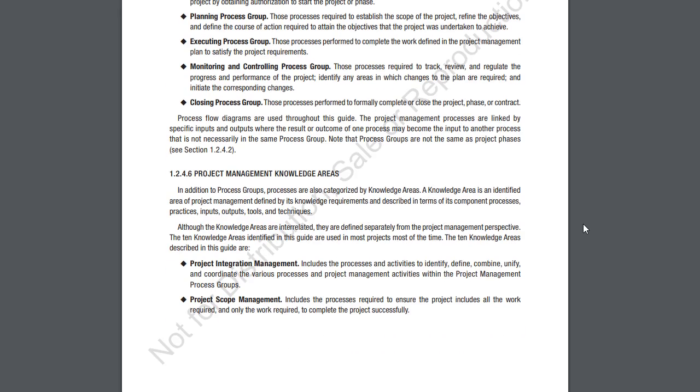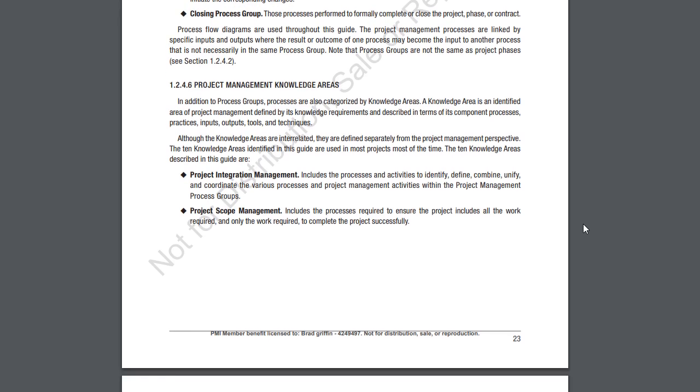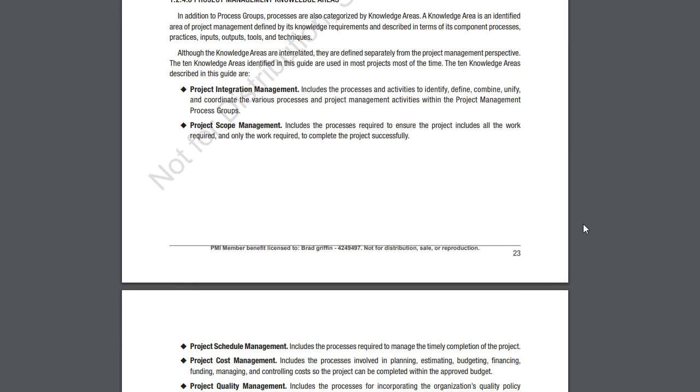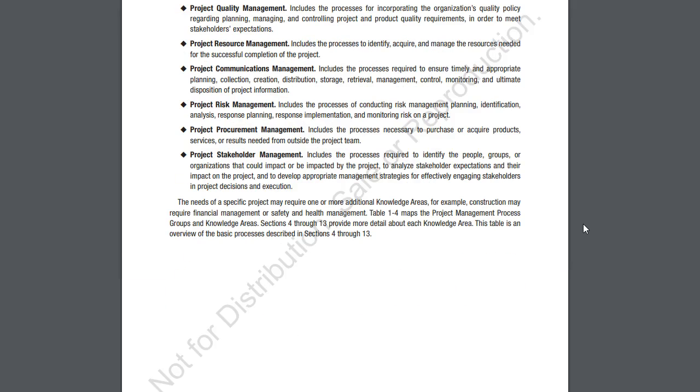So, in the PMBOK, we have several different groups that we're going to deal with: integration management, scope management, schedule, cost, quality, and resources. We used to differentiate resources, things like fiscal, and one of the trends now is we lump fiscal and human and everything all together because they really are interrelated.